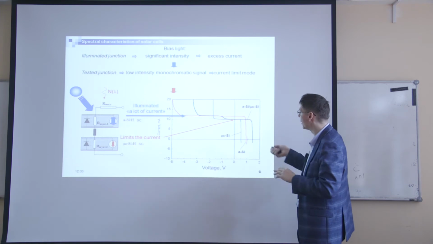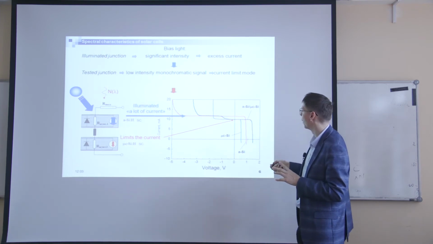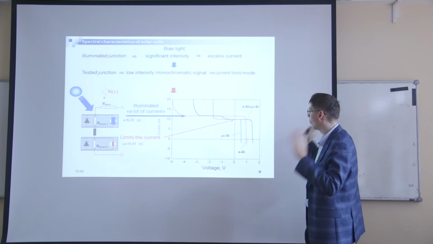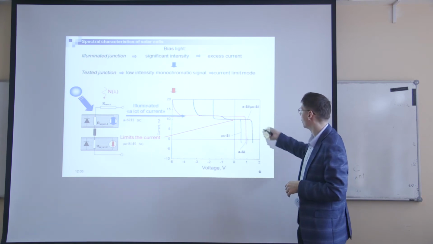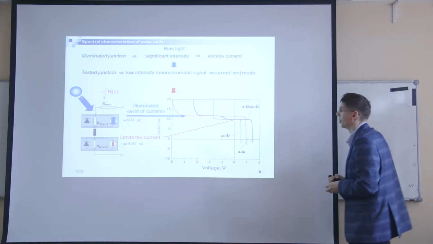But in any case, it gives you the idea that you have a higher current here. For the bottom junction, you have a lower current. So the total IV curve is here, and we are limited by the bottom junction.